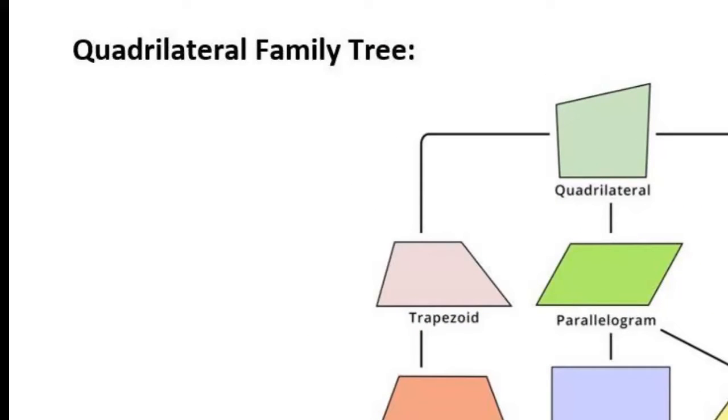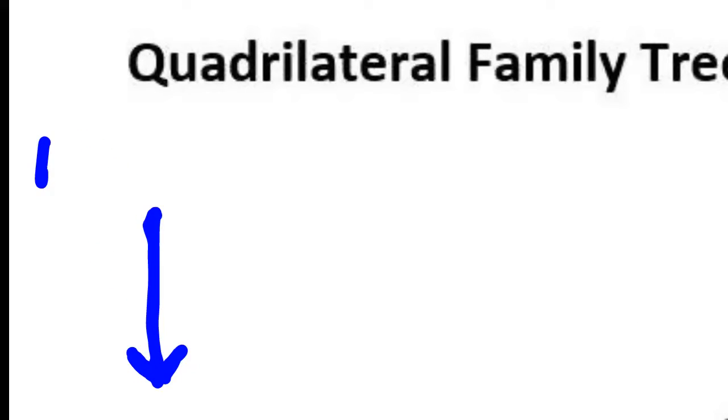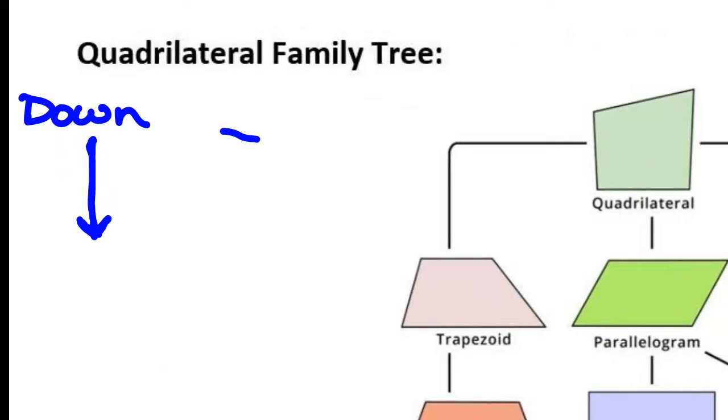If we are moving from a shape that's on the top of the family tree and we're going down to the bottom, like all quadrilaterals are squares, so if we're moving down, that would be a sometimes situation.